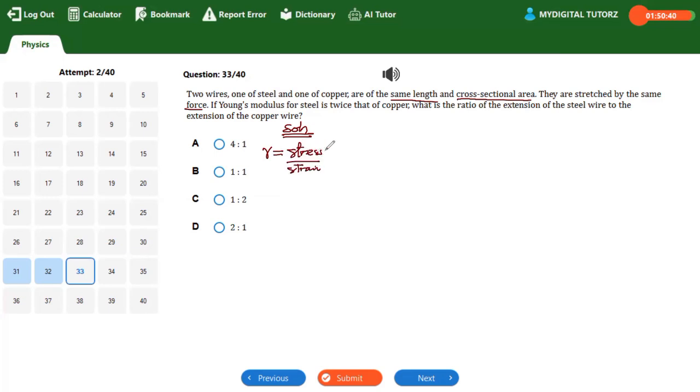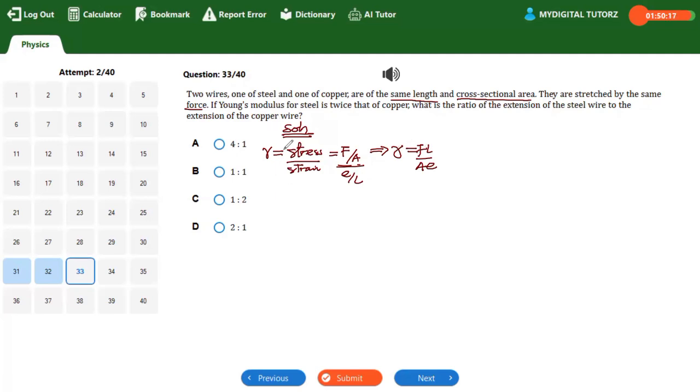Our stress is force all over area, and our strain is extension all over original length. From here, this implies our Young modulus will be equal to FL all over AE, fraction by fraction. So FL over AE.